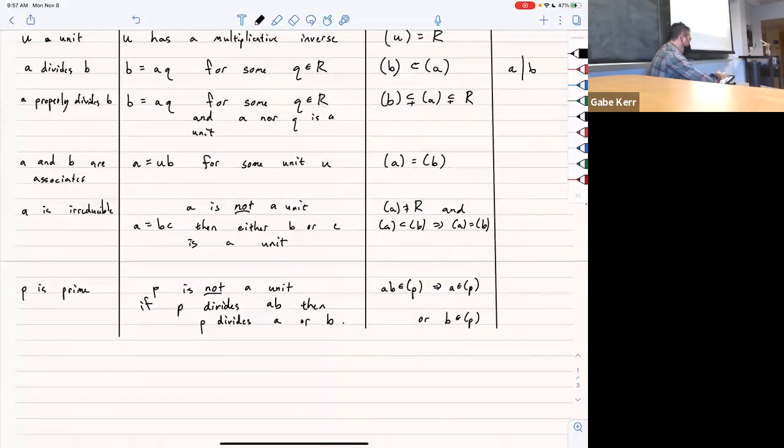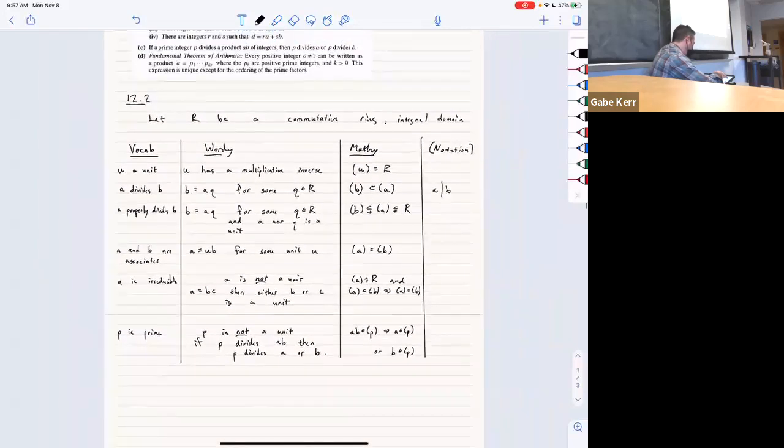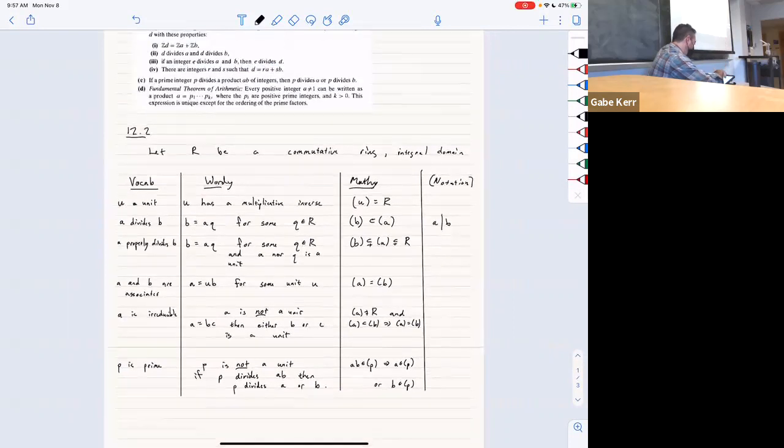Okay, so this table really is, we have 1, 2, 3, 4, 5, 6 definitions.